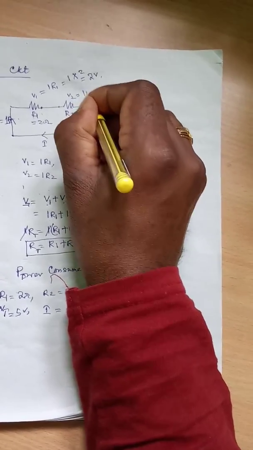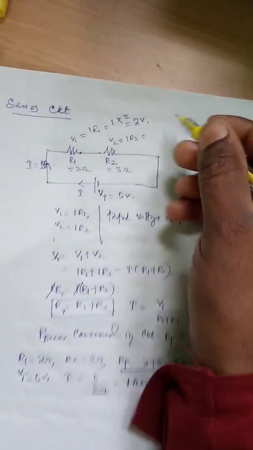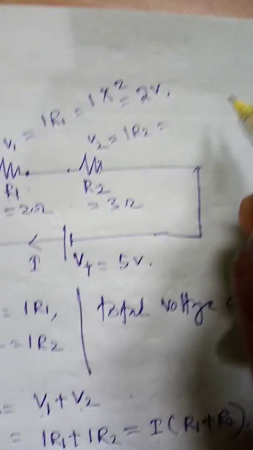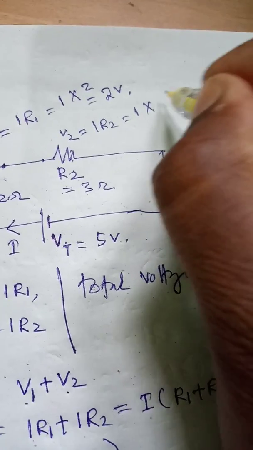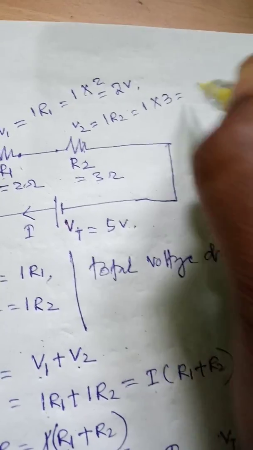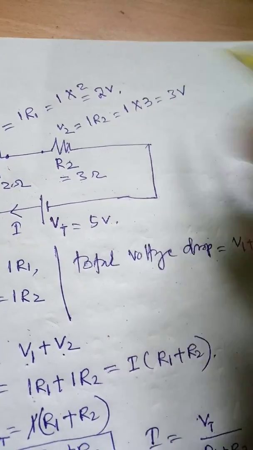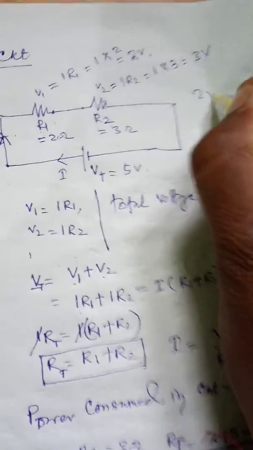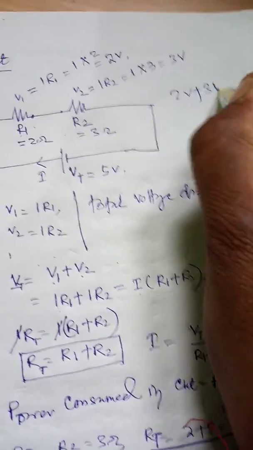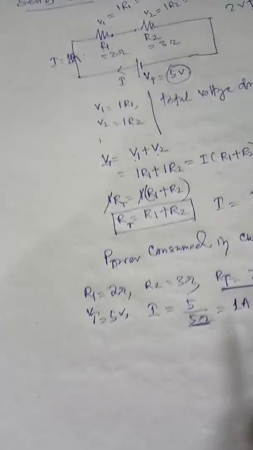V2 is equal to I into R2, 1 ampere into 3, so that is 3 volt. So the total voltage will be 2 volt plus 3 volt, equal to 5 volt. 5 volt we have to apply. Clear?